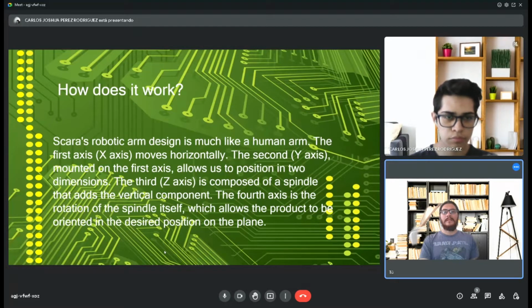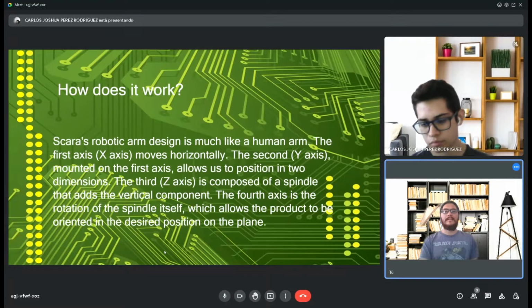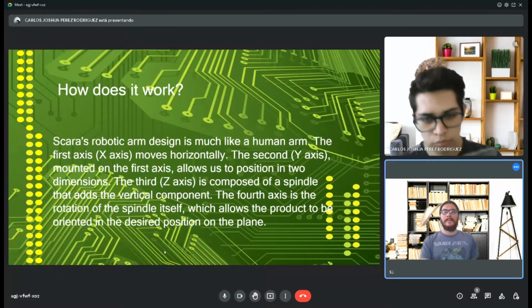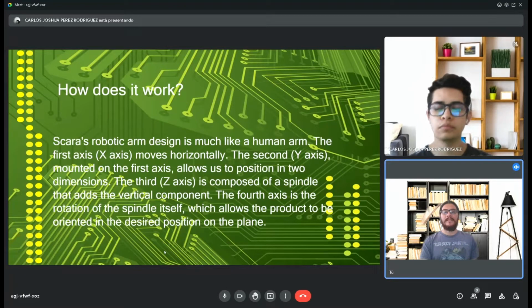The acronym for SCARA is Selective Compliance Assembly Robot Arm, and in Spanish it is Brazo Robótico de Ensamblaje Seleccionable Adaptable. It is a small robot that has been designed to perform repetitive work at high speed and with high precision.